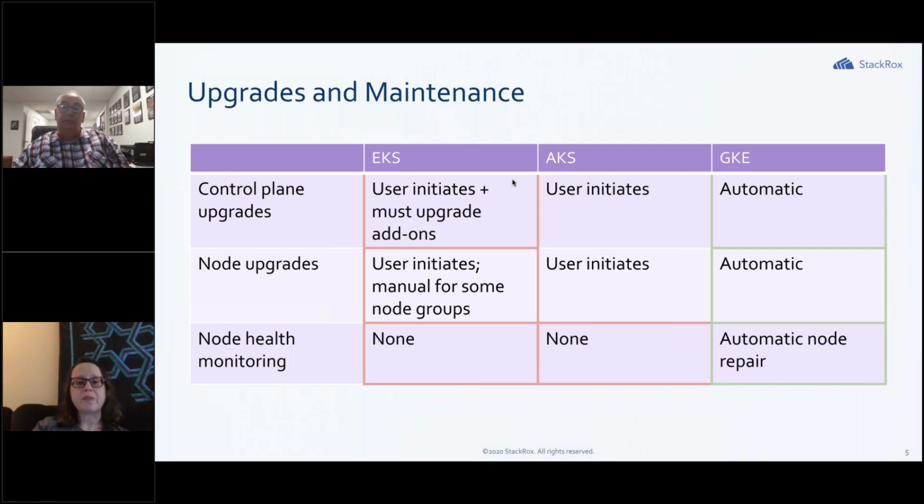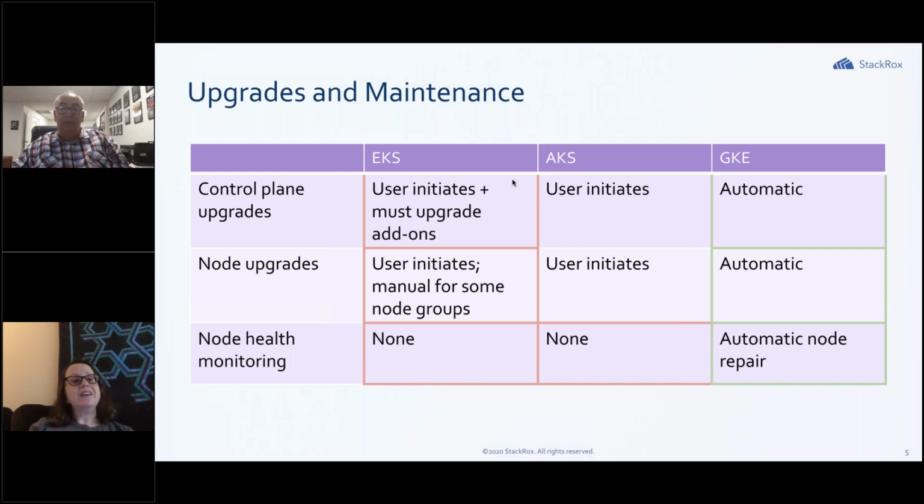As far as node health monitoring, you want your node to be healthy, and it's not just the underlying VM, there are also services that run on your node. You also want to worry about if disk space runs out, if you're running logs, if you're out of memory, if processes die. These are all standard processes.